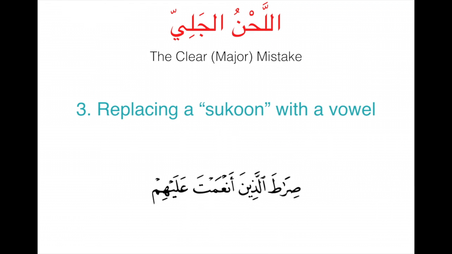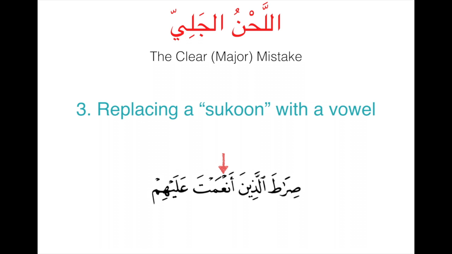Number 3, replacing a sukoon with a vowel. So doing the opposite. Here in this ayah, صراط الذين أنعمت عليهم, on this noon, we have a sukoon. Can't miss it, but despite that, some people will say أنعمت with a vowel on the noon instead of أنعمت.